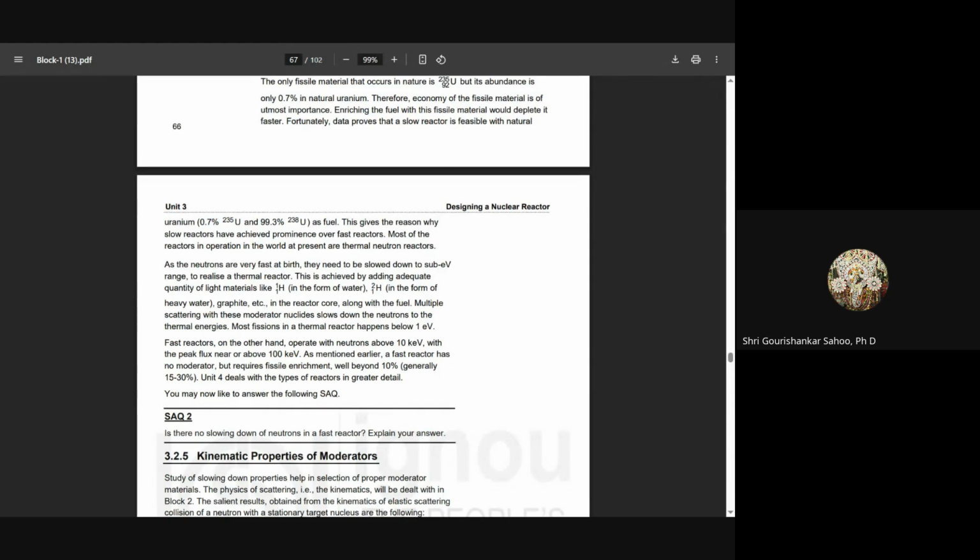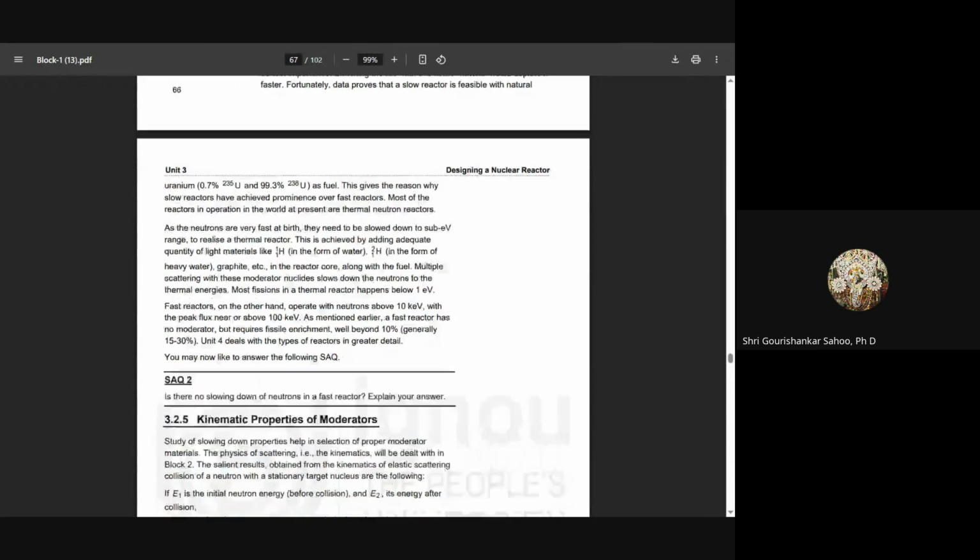Multiple scattering with these moderator nuclides slows down the neutrons to the thermal energies. Most fission in a thermal reactor happens below 1 electron volt. Fast reactors, on the other hand, operate with neutrons above 10 electron volts, with the peak flux near or above 100 electron volts. A fast reactor has no moderator but requires fissile enrichment well beyond 10%, 15 to 30%.